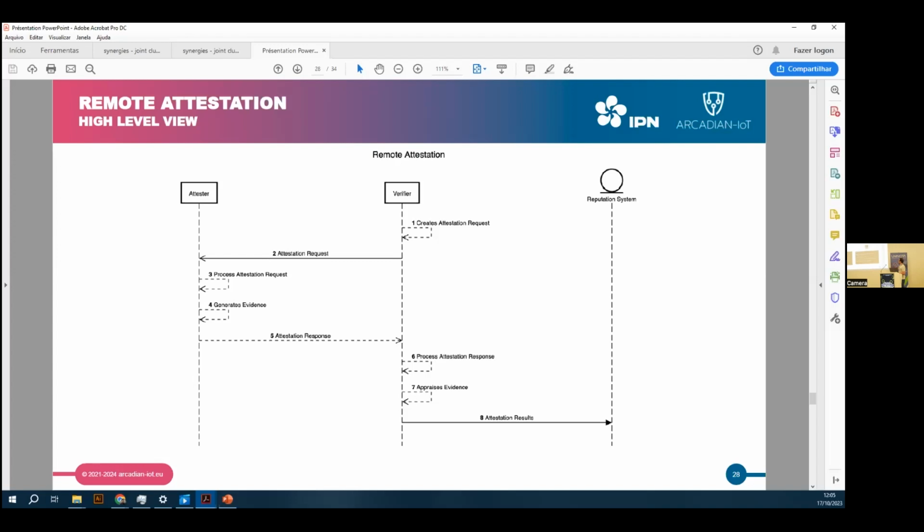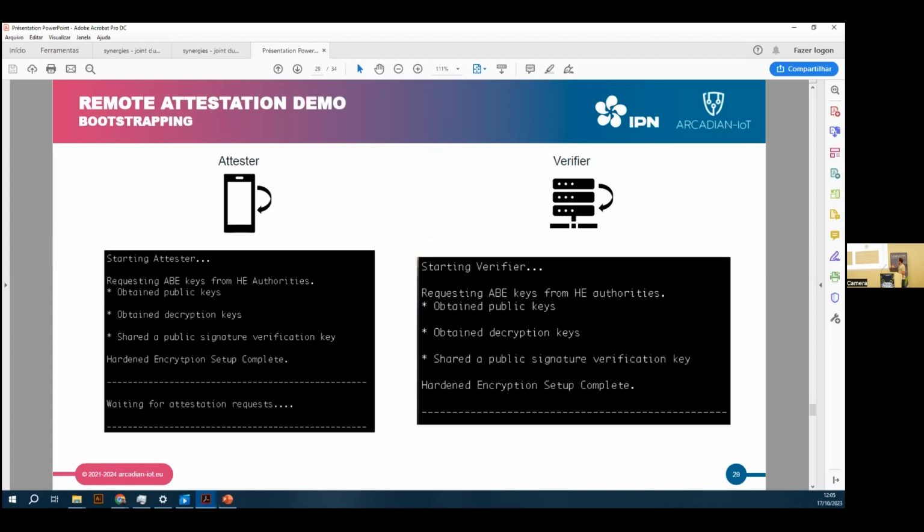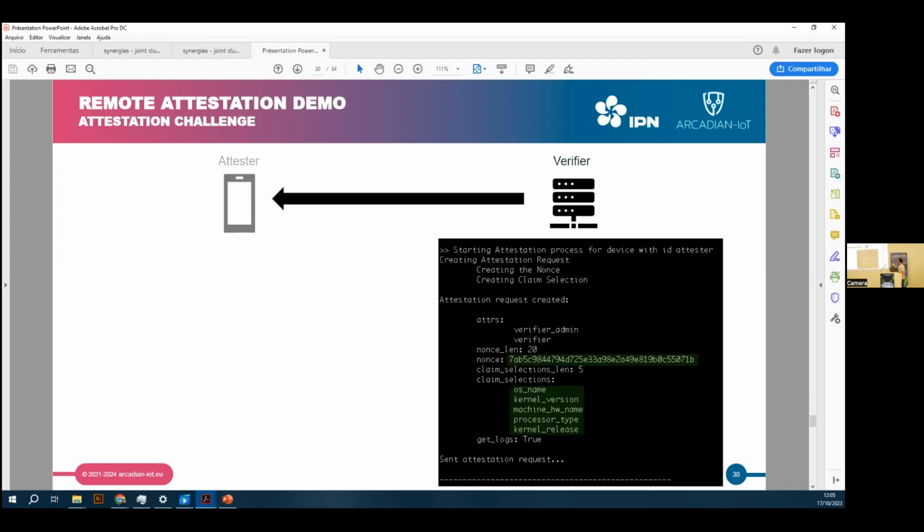So this is the bootstrapping process. Both attester and verifier begin by requesting keys from the ARM encryption authorities using the provided external library developed by one of our partners. After this step, in the case of the attester, it is ready to receive attestation requests. So the process starts. As I said, the verifier creates the attestation request.